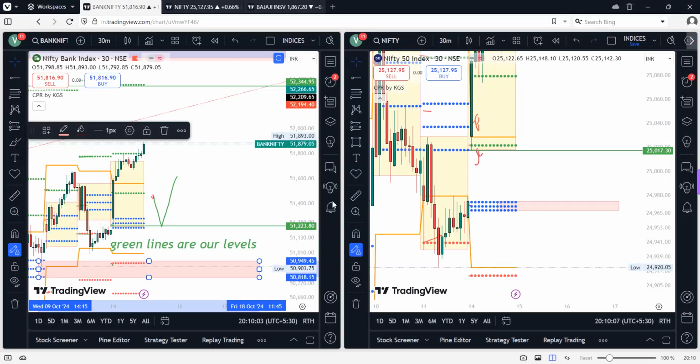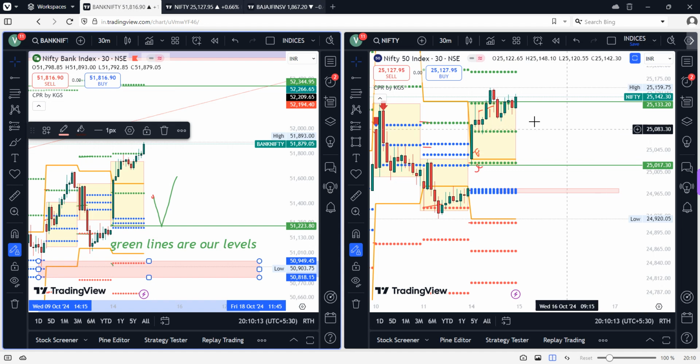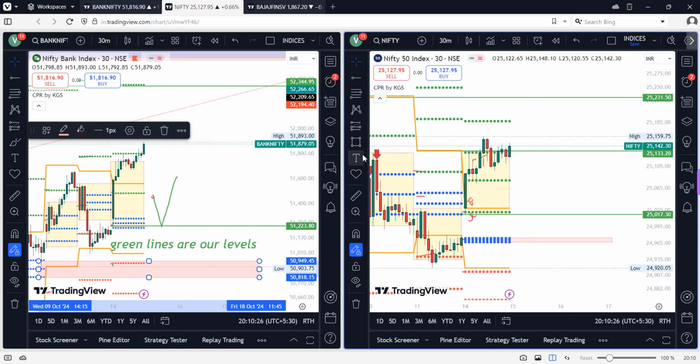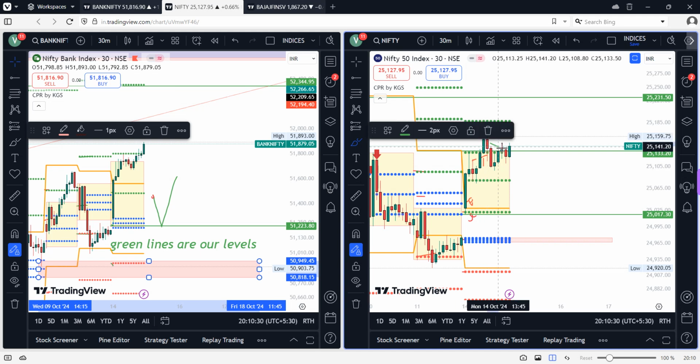Both of them are marked. And what are the turning points here? A turning point is when a breakout happens and that breakout sustains. For example, here there is a breakout, but there is no follow through. If the follow through happens, we treat it as a turning point.